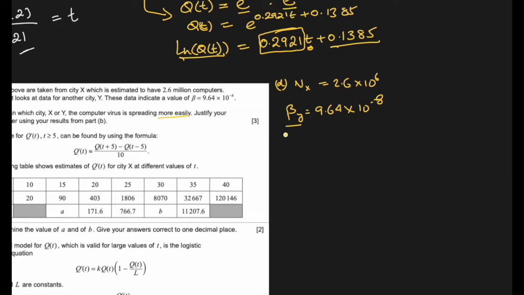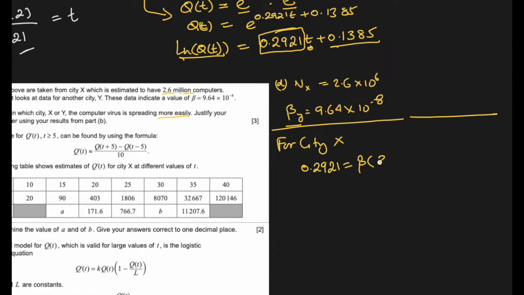So for CTX, 0.2921 equal to beta, and the number of computers in CTX is 2.6 times 10 to the power 6, right? And t, no need to write t, we compared it already, right?